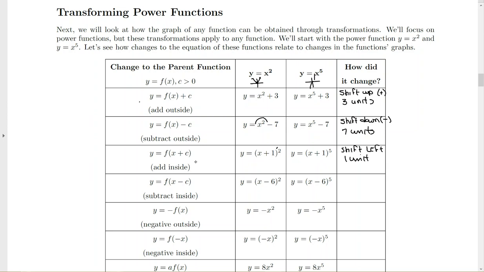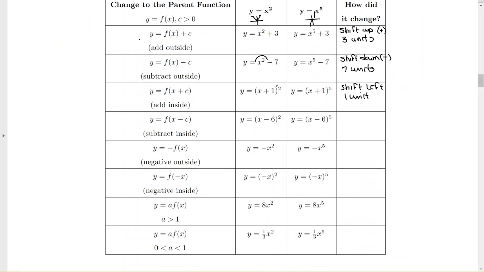So a plus inside means we're going left. So with that same logic, if it's minus inside instead of left, we should be shifting right. So I'm going to go ahead and write that in here, but then we're going to check it. And this one's going to be 6 units because it's -6. So let's double check.